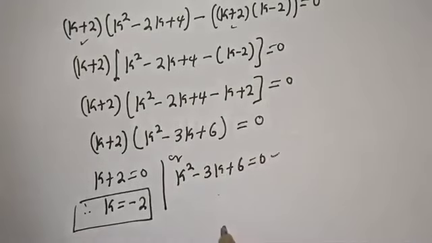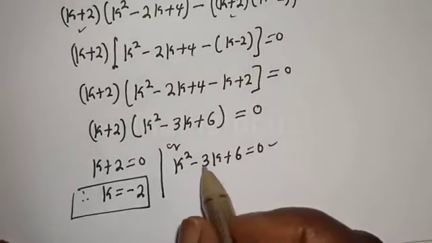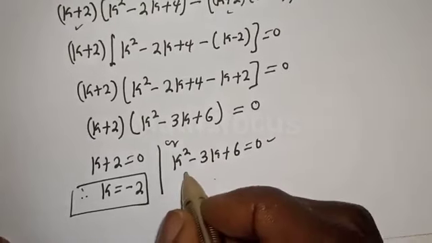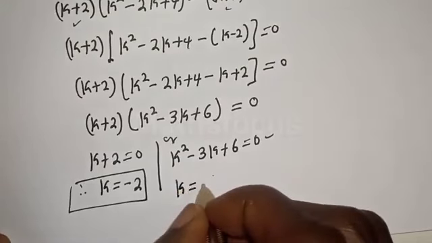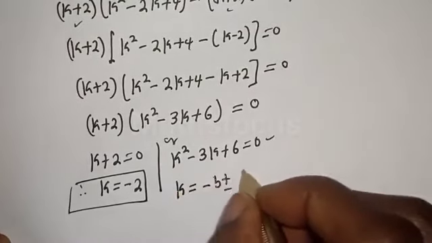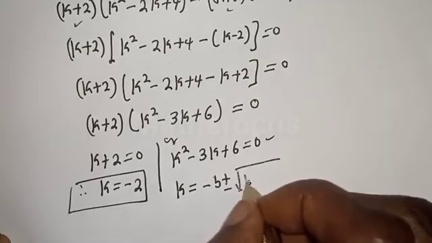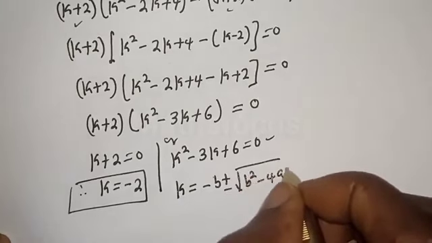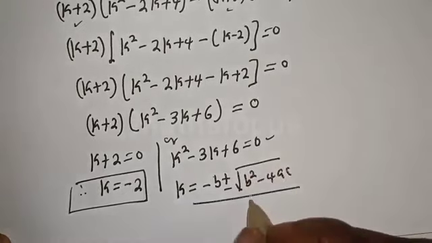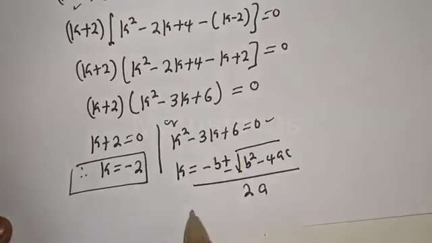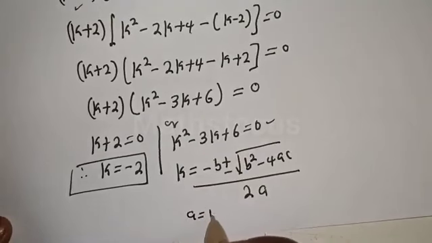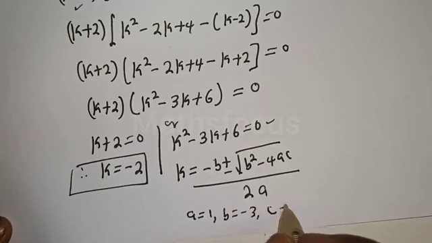This is a quadratic equation, which can be solved using the quadratic general formula. And our quadratic general formula in this case is giving us k is equal to minus b plus or minus square root of b squared minus 4ac over 2a. And from this equation, a is equal to 1, b is equal to minus 3, c is equal to 6.